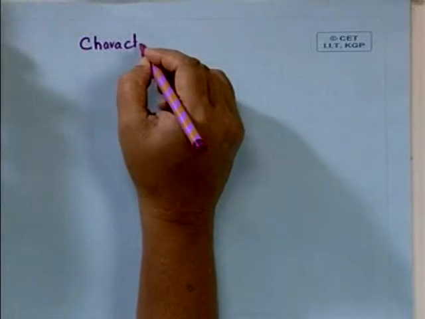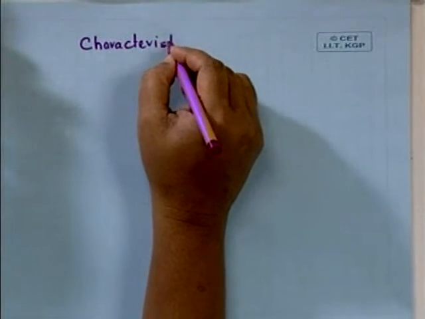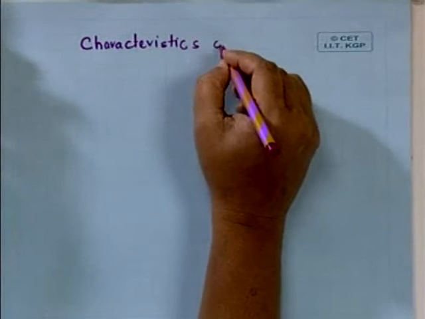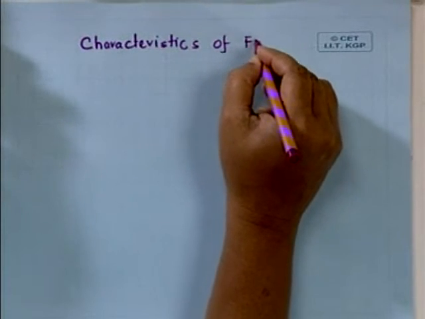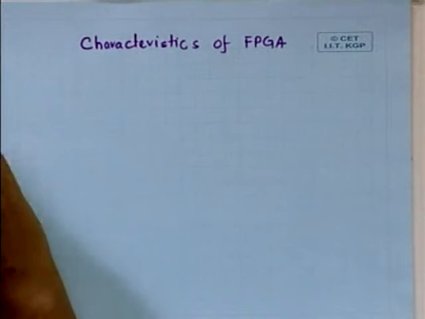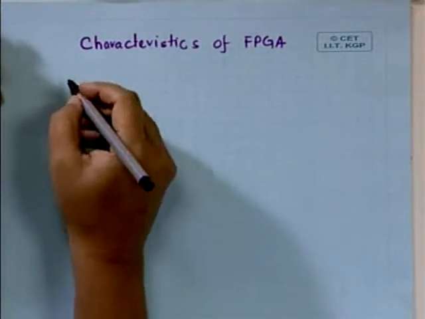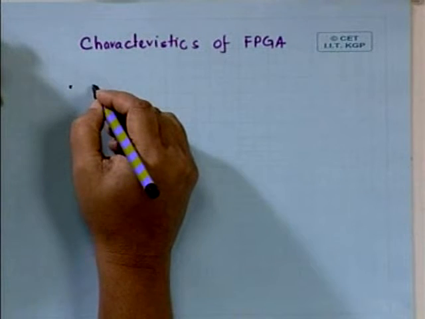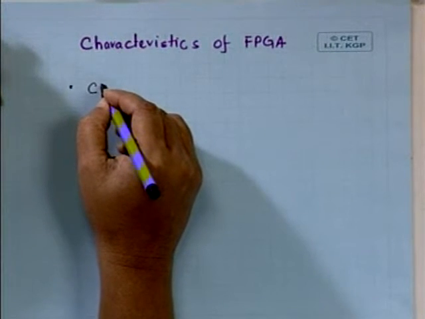So the basic characteristics of FPGA. The CLB means configurable logic blocks.